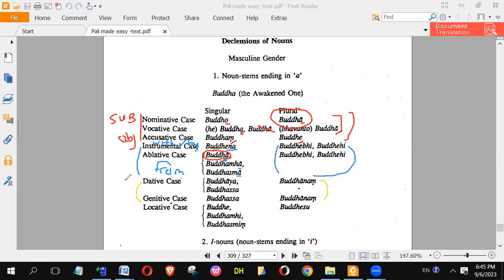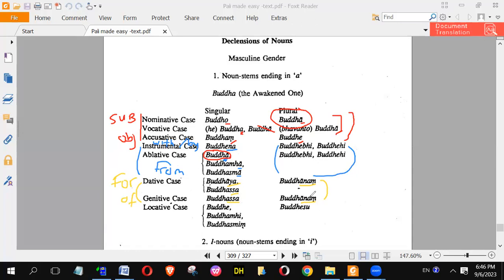Dative has the sense of for, like for the Buddha: Buddhāya, Buddhassa, Buddhānaṃ. Genitive, Buddhassa, Buddhānaṃ, has the sense of of the Buddha. Later I will come back to this, but generally we just look at this table first.